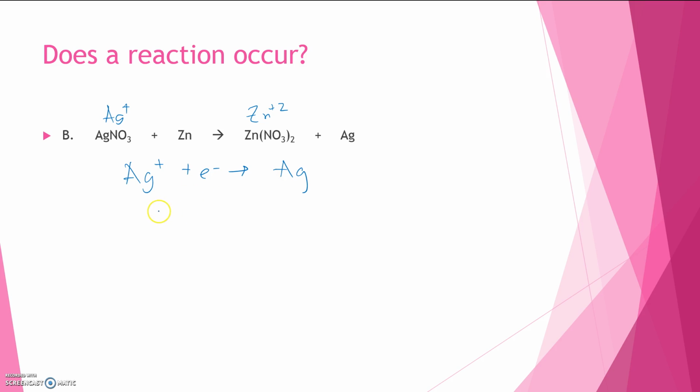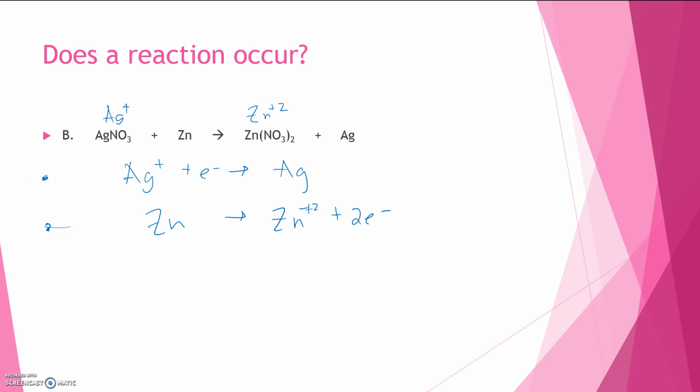And then the one that I'm going to reverse is Zn goes to Zn plus 2 plus 2 electrons. It's only ever two things. It's not like there's multiple things that we need to compare. This will be my reaction that I will copy in the same order because this is my reduction reaction. This is the one that I'm going to reverse the sign of because I've reversed the reaction.